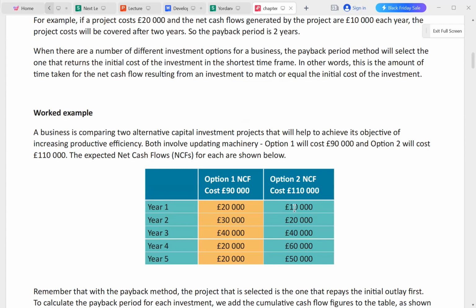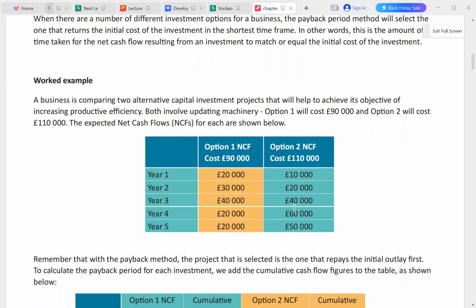So we are going to compare the net cash flow here, which, as I said, is cash in minus cash out. We're comparing the scenario where you invest £90,000 and the scenario where you invest £110,000. In the first year, on the 90,000 investment, you will get 20,000, and on the 110,000, you will get 10,000.